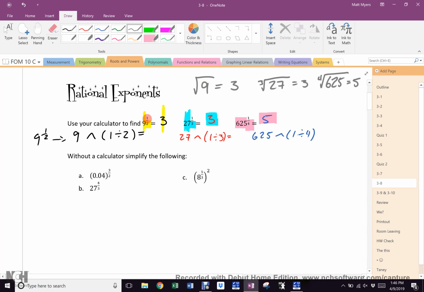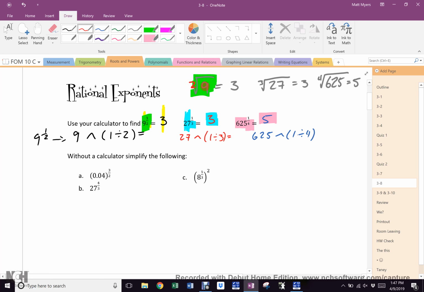9 to the 1/2. Where on this side, because you can see the 9 is on the left and this is here, where would the 1 and the 2 from here go here? The 2 would go where? On the top. Right there, because it's the square root of 9, yes?